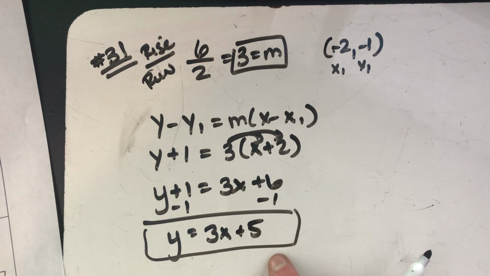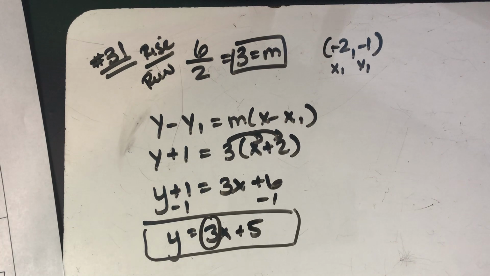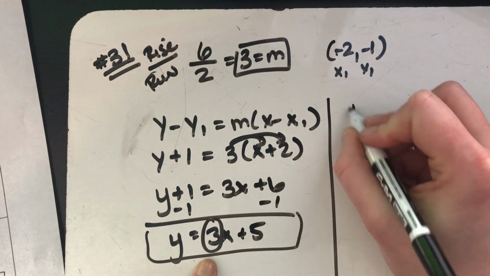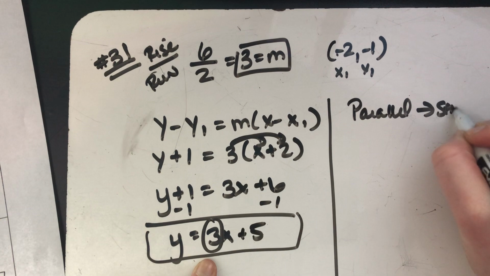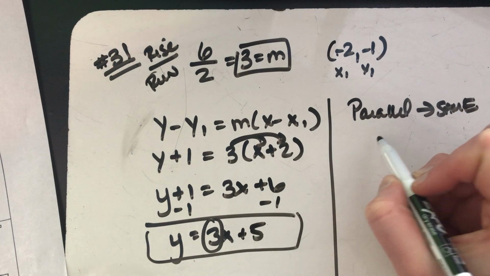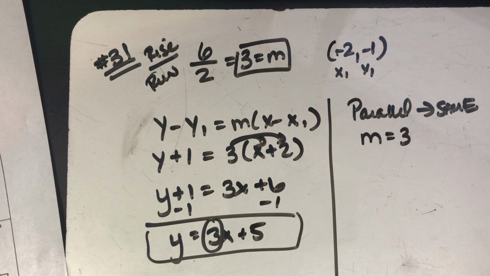It says write a linear equation that's parallel to the line below. So we want it to be parallel. So if my slope is 3 on this graph, to be parallel, it needs to be the same slope. So I know that I'm going to use the same slope that they gave me. But what point?